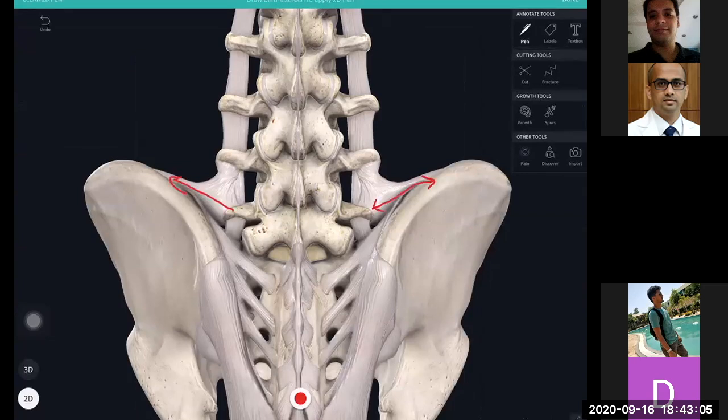It's a very strong ligament, and it provides inherent stability to the L5 vertebral body, especially if it is a deep-seated L5. That means if you see the L5 way beneath the highest point of the iliac crest, you can imagine how strong these ligaments are that hold the L5 together.